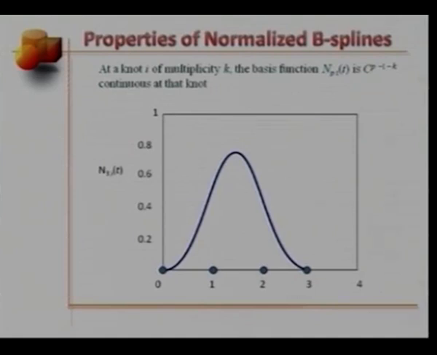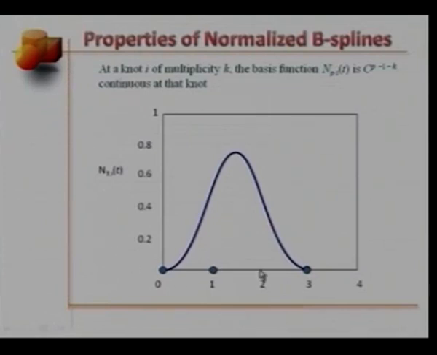If I move knot 2 to the right, what happens to the shape of the basis function? We'll come to that in a while. Let's first observe that this basis function is C1 continuous throughout. It has slope continuity here, slope continuity here, and slope continuity throughout.